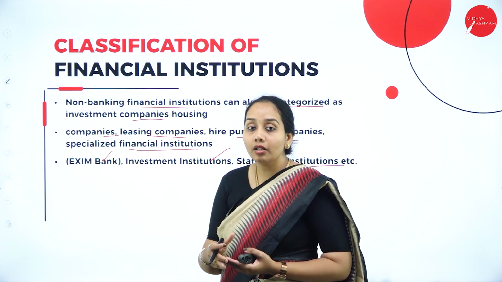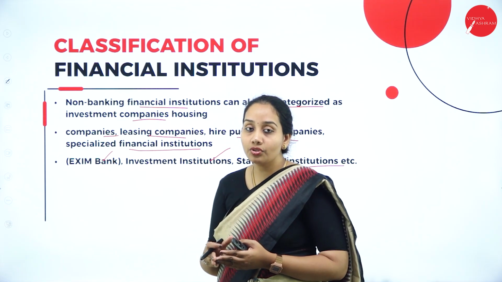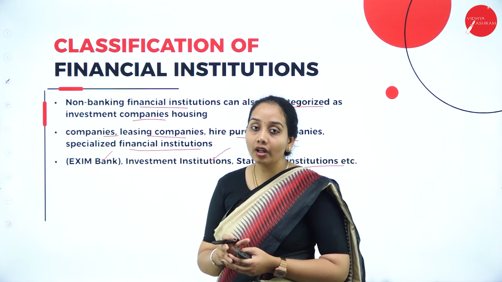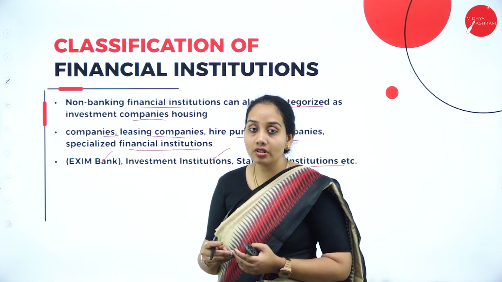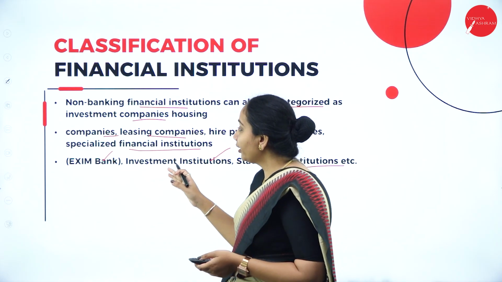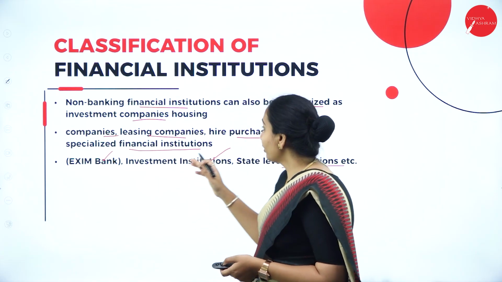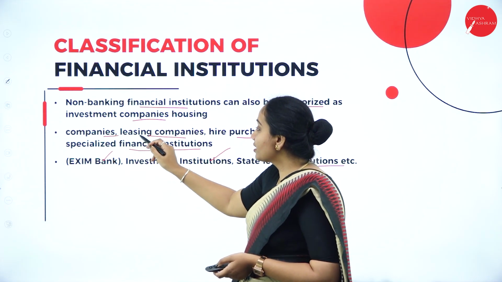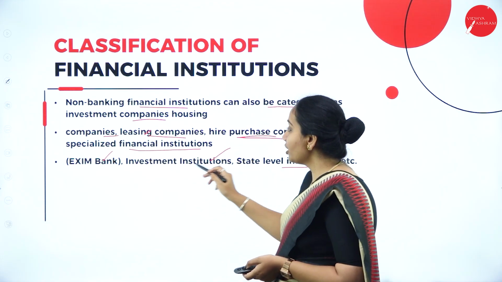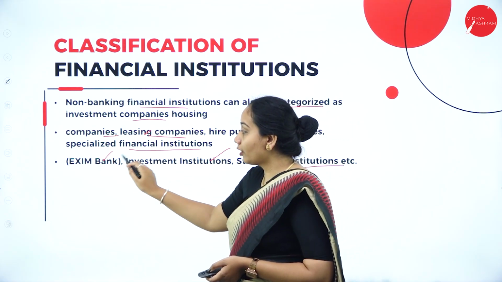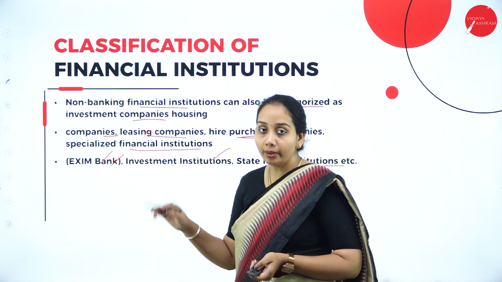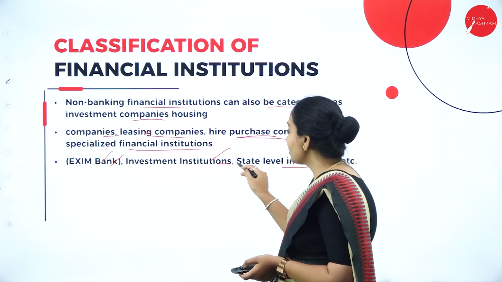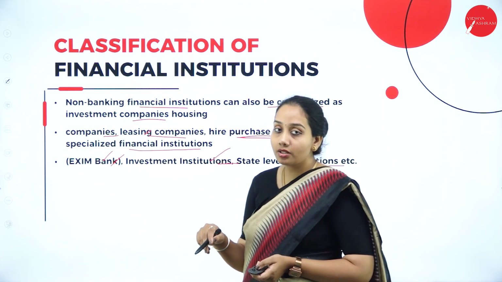Those are all non-banking financial institutions specifically set up for the development of industries in India. They can also be recognized as investment companies, leasing companies, hire purchasing companies, specialized financial banks like Exim Bank, that is Export Import Bank, then investment institutions and state level institutions.